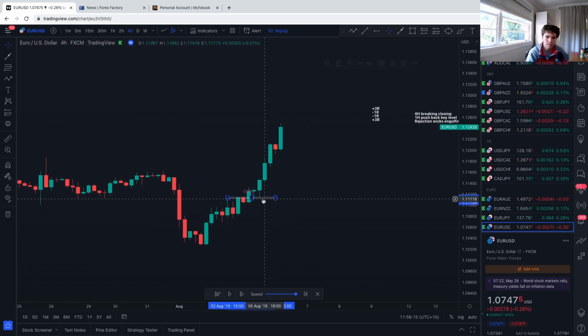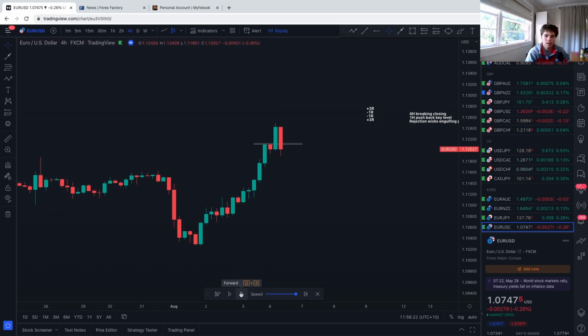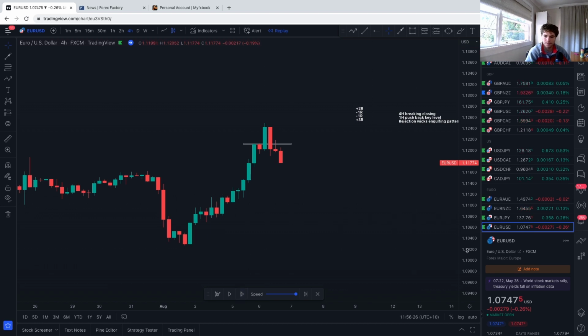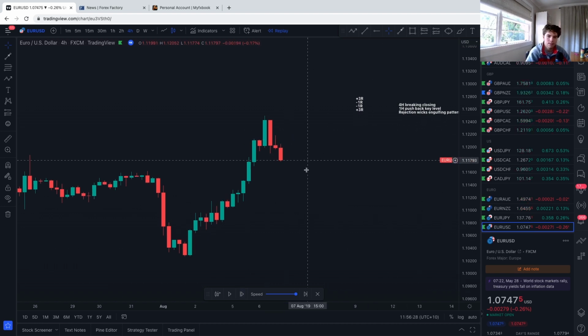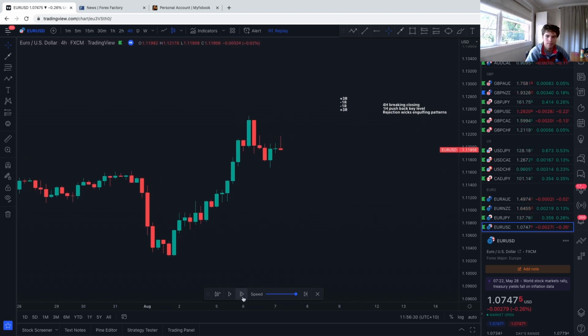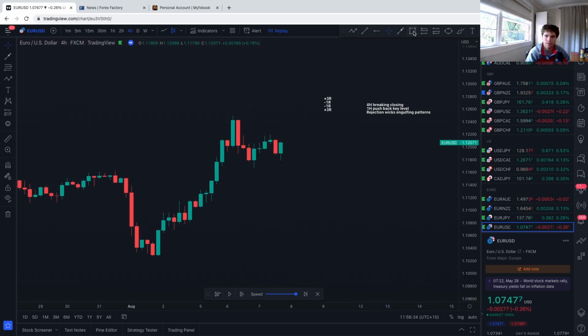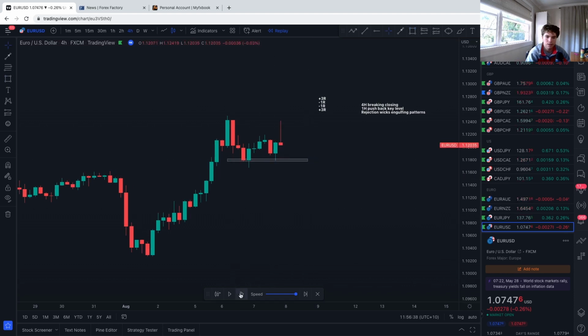We've again broken above previous high over here, and let's see. Okay, so this is a bit messy. Let's just see what happens here. Looks like we might be getting a reversal if price can break below this structure.